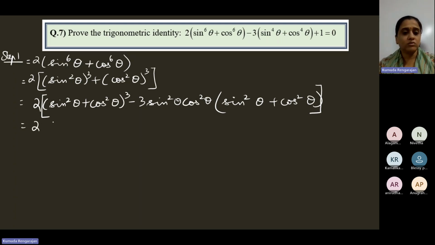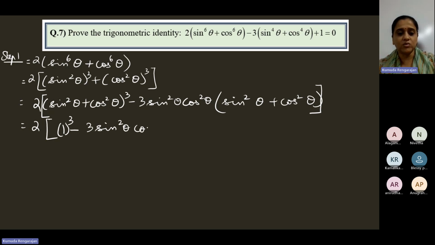Okay, so now 2 into this one is 1 minus 3. Okay, let me write 1 cubed. 1 the whole cubed minus 3 sine square theta cos square theta into 1.